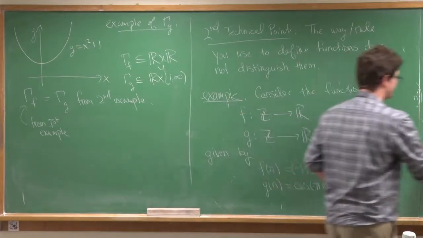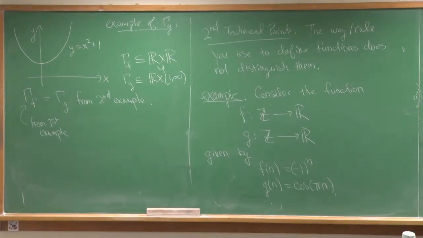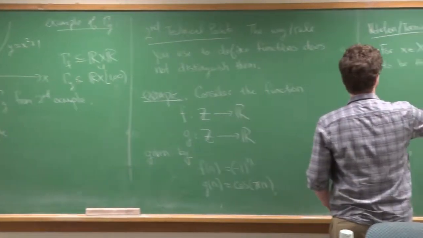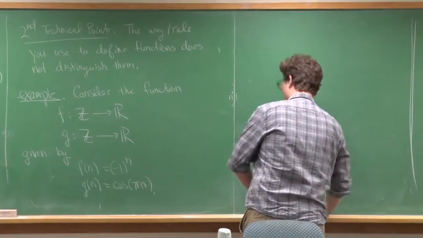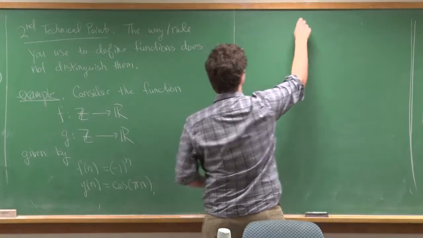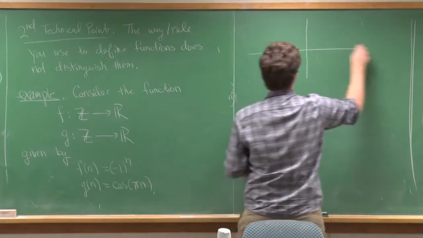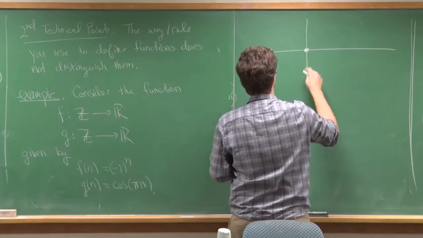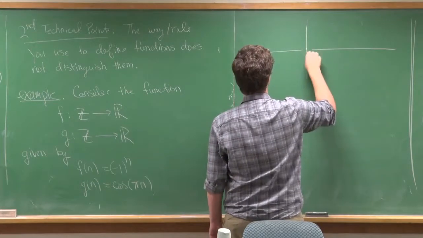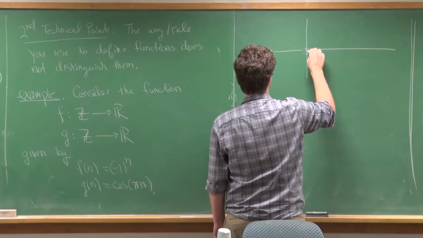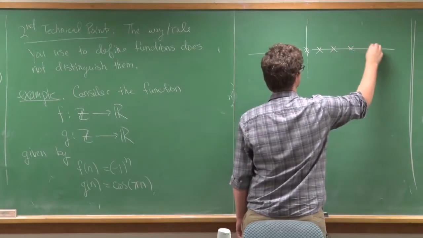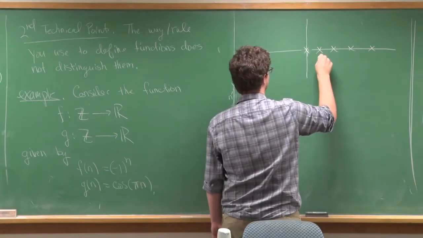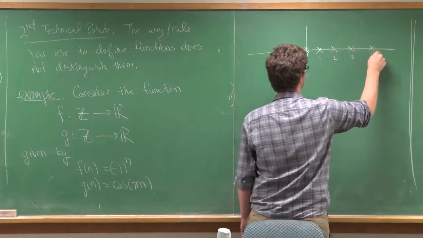So let me draw the graphs. I will label the integers here. So this is 1, 2, 3, 4.